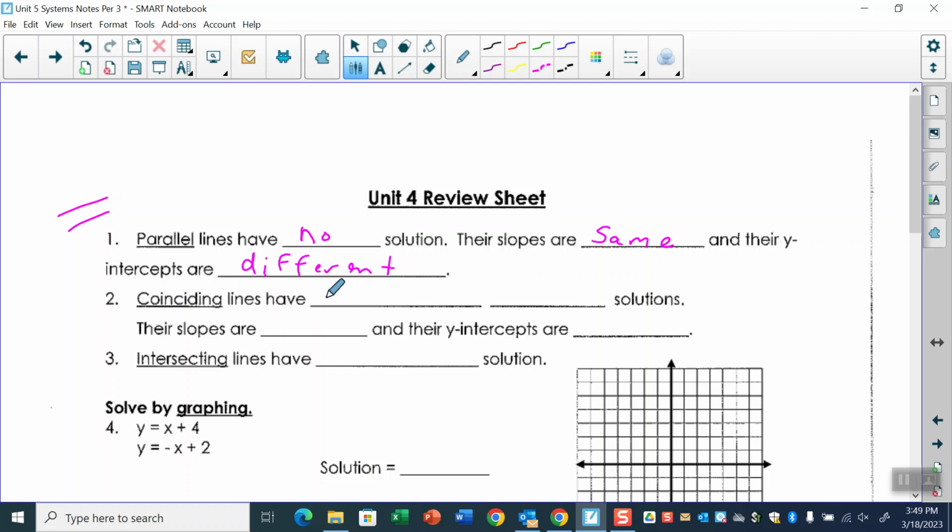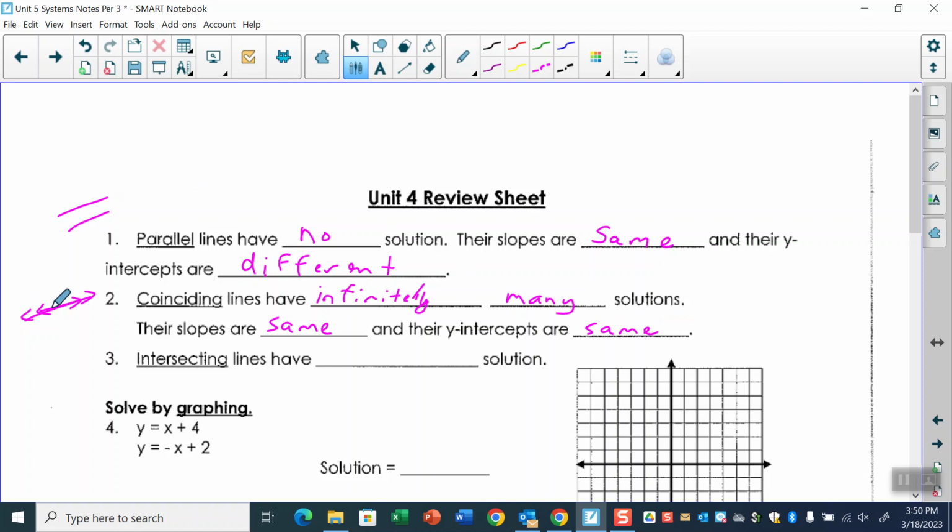Coinciding lines have infinitely many solutions. Okay, coinciding means they overlap. So you have one line over the other. All right, so their slopes are the same and their y-intercepts are the same.